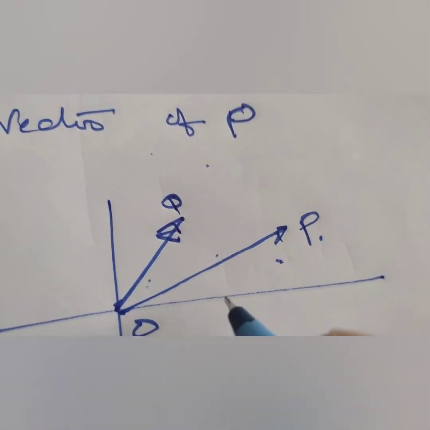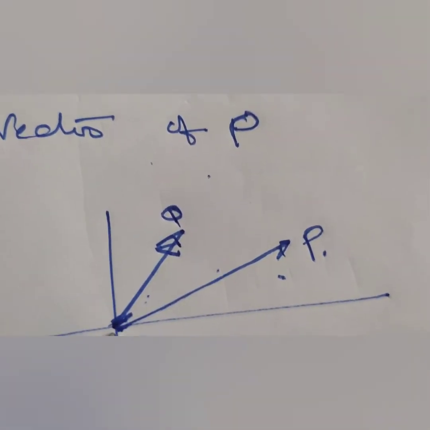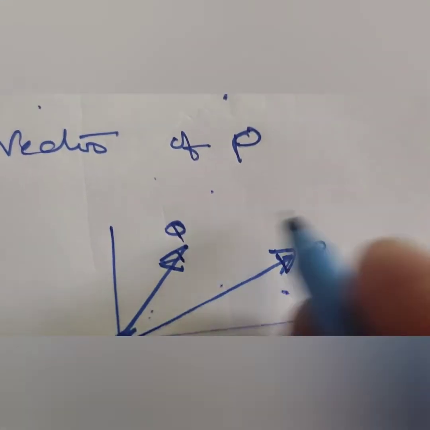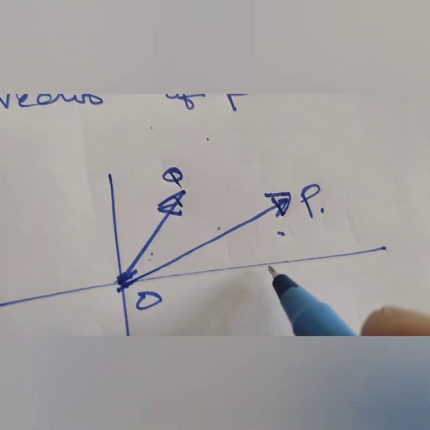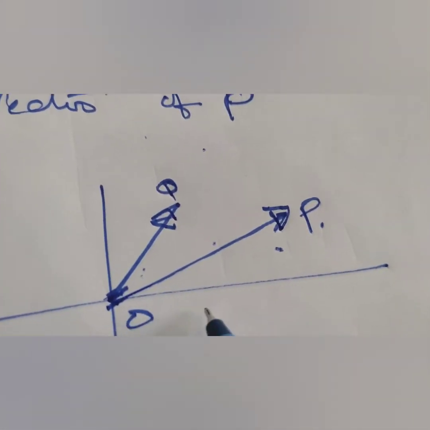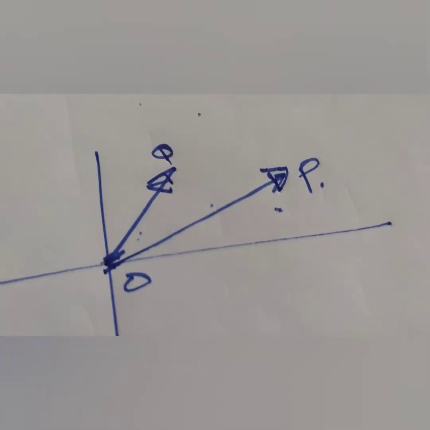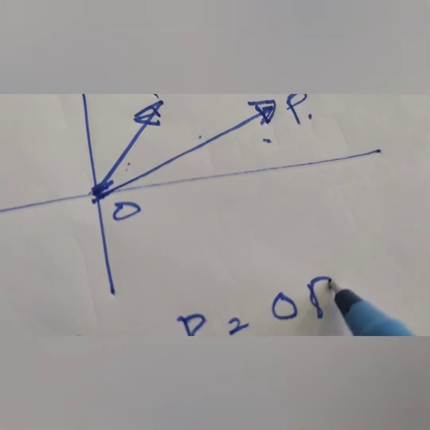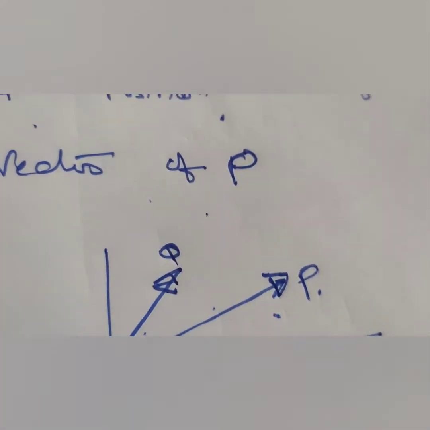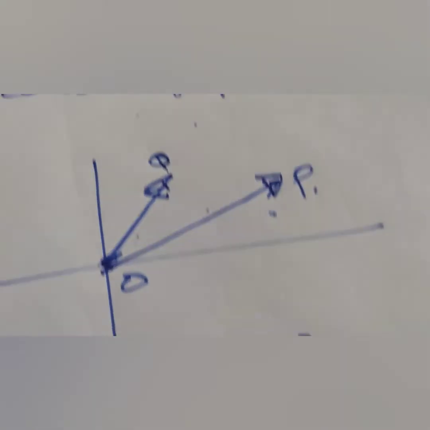The position vector of P is OP. Then what is the position vector of Q? OQ.